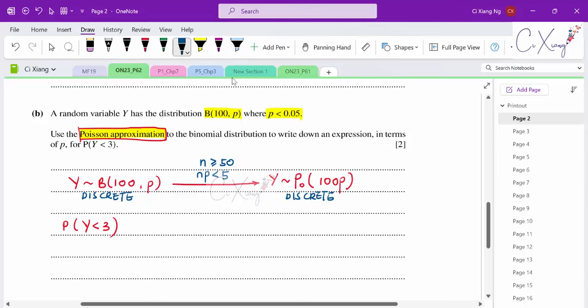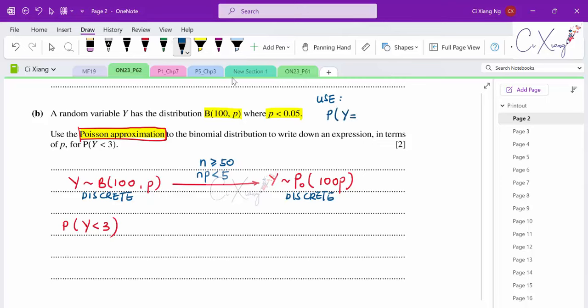Let's recall the formula for Poisson distribution. If Y equals r, the formula is e to the negative lambda, lambda to the power r, divided by r factorial. To apply it for Y smaller than 3, I take e to the negative lambda out, where lambda is 100p.